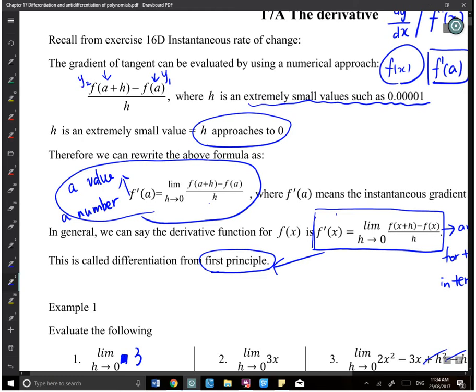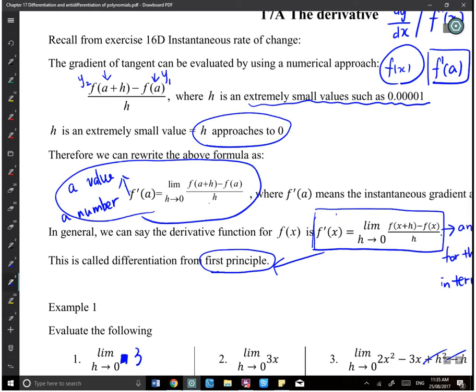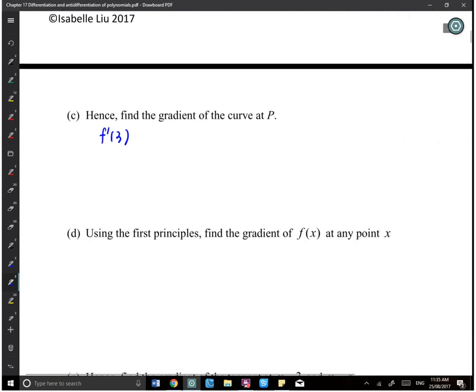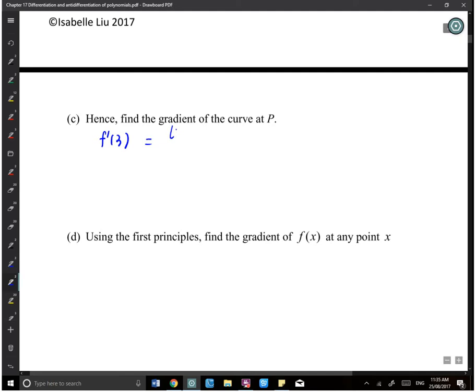It tells you the limit as h approaches 0 of f(a plus h) minus f(a) over h. That's the formula you need to use. So what does f dash 3 equal? It is the limit as h approaches 0 of f(3 plus h) minus f(3) over h.